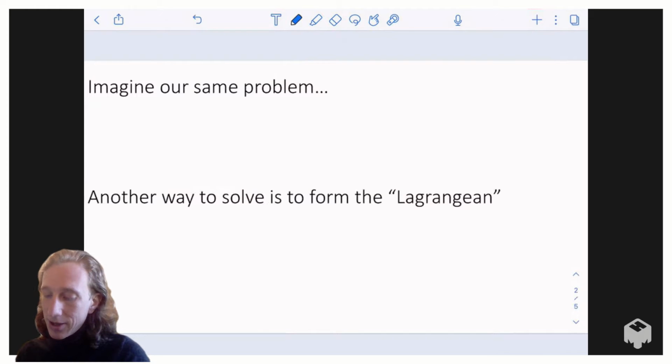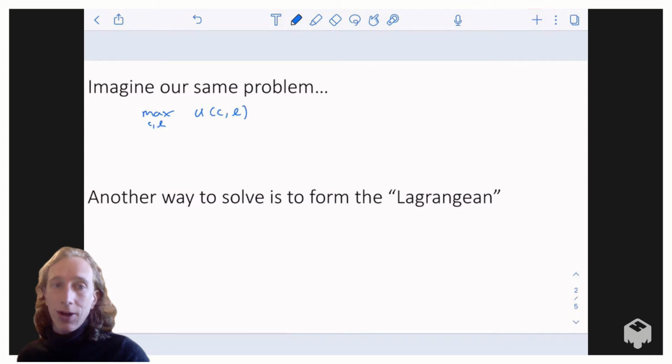So imagine our same consumer's problem that we saw before. Okay, so the consumer wanted to maximize its utility, which is a function of both consumption and leisure. And how's it going to do that? By choosing consumption and leisure.